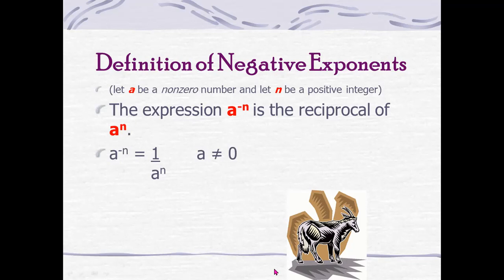Why 1 over a to the power of n? Take note that a to the power of negative n is presumed to have a denominator of 1. So the reciprocal is 1 over a raised to the power of n. That will be the focus of our discussion.